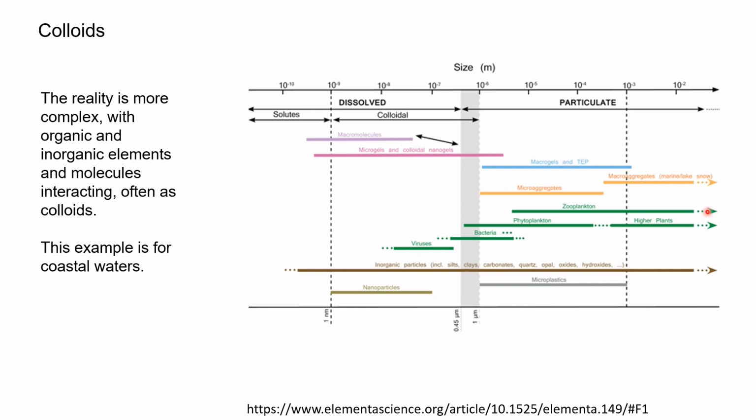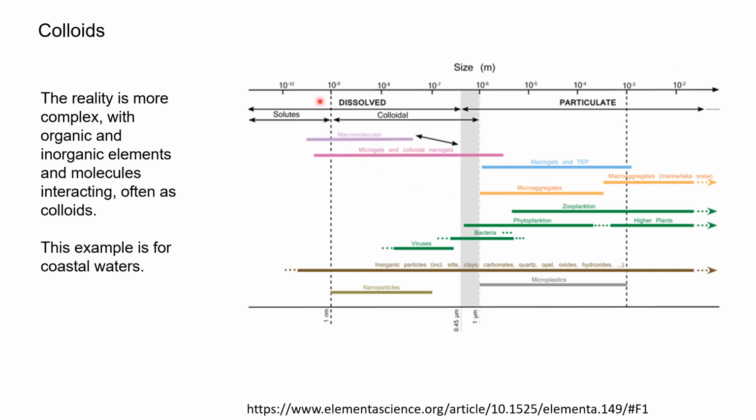You'll see on the lower side of this figure with all the colors, you'll see a whole range of different bacteria, viruses, zooplankton, so other features to give you some sort of idea of the size range. And you'll notice that the scale here, which is in meters, is on a logarithmic scale, so there's an order of magnitude change between each one of these tick marks.